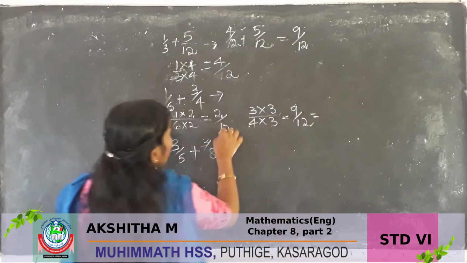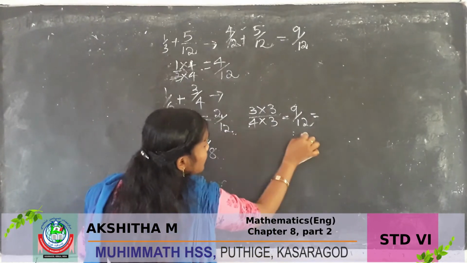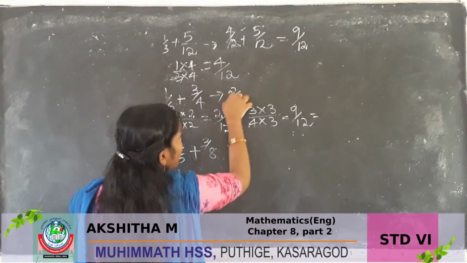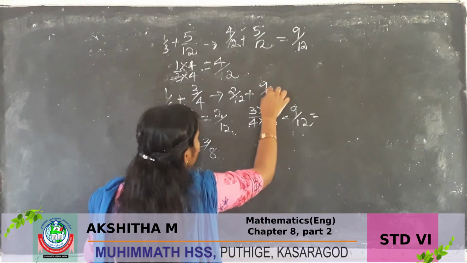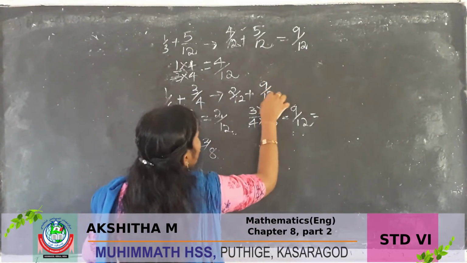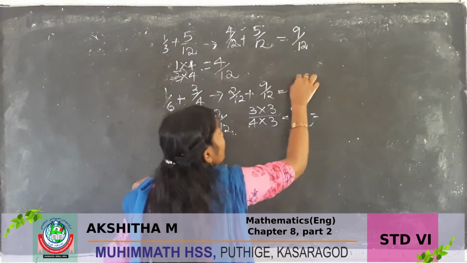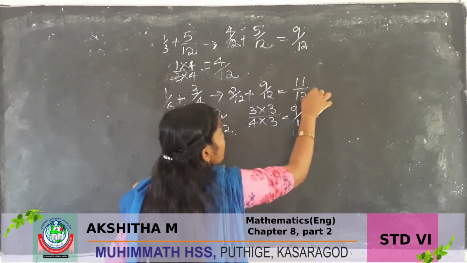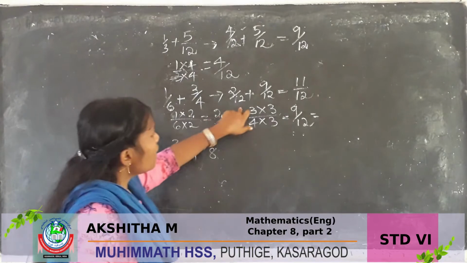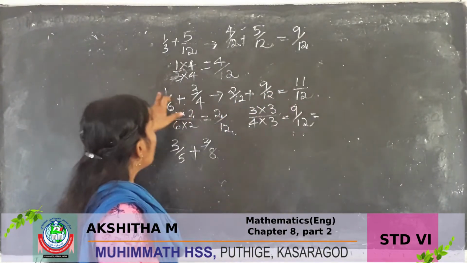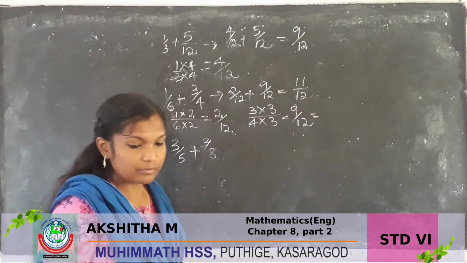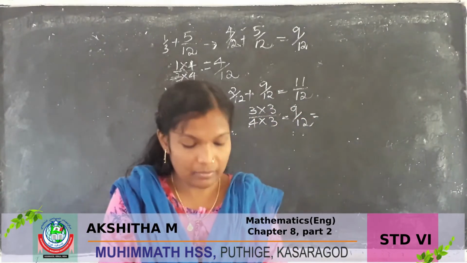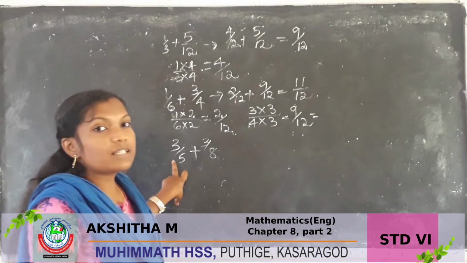So we got the same denominator. 2 by 12 plus 9 by 12 is 11 by 12. So 1 by 6 plus 3 by 4 is 11 by 12. Is it clear? Look at the next one.